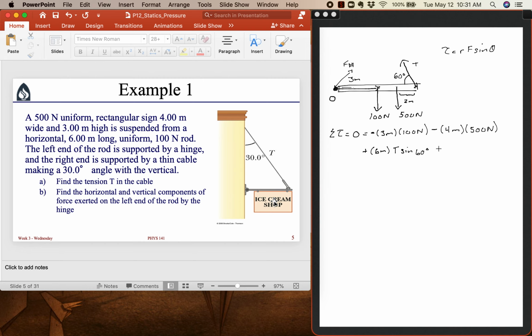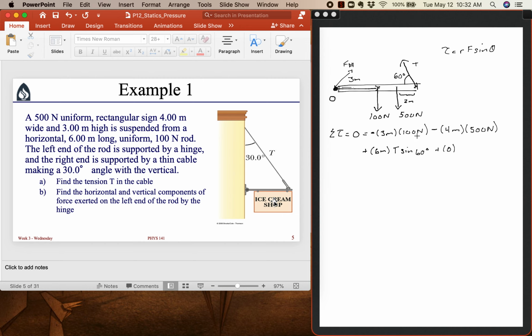So since the moment arm is 0, that's pretty much it. That force exerts no torque about the origin because it's at the origin. So I don't have to worry about that hinge force in the problem, which is one of the reasons why I chose the origin to be there.